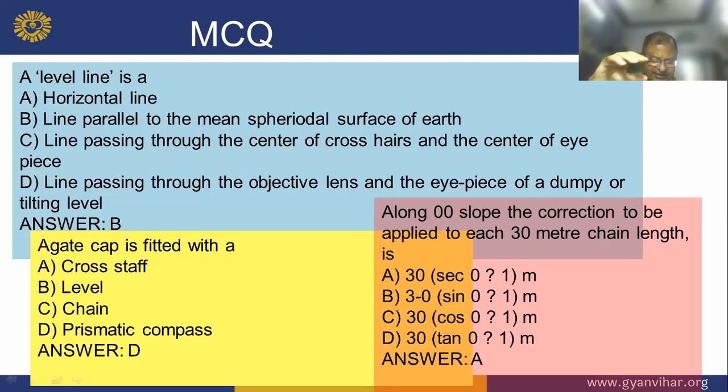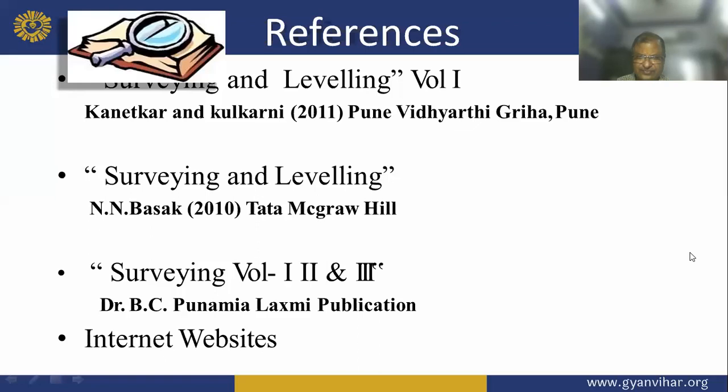And a gate cap is fitted with which instrument? The correct answer is D, the prismatic compass. And along a 0 slope, the correction to be applied to a 30-meter chain length. The correct answer is A.